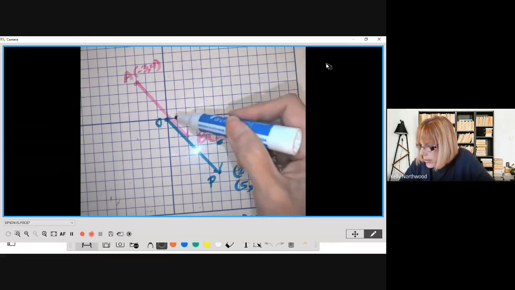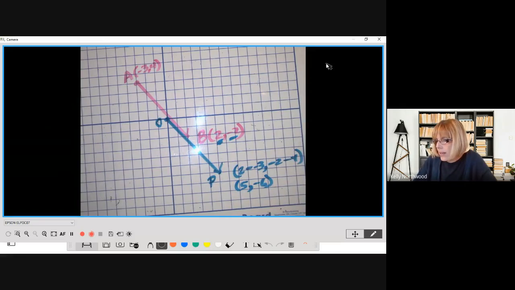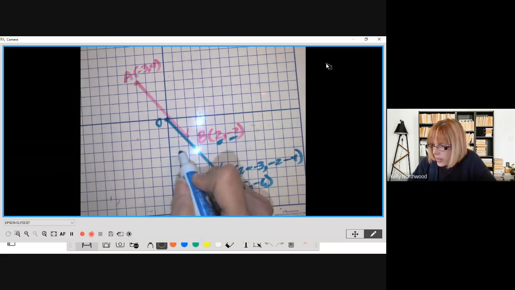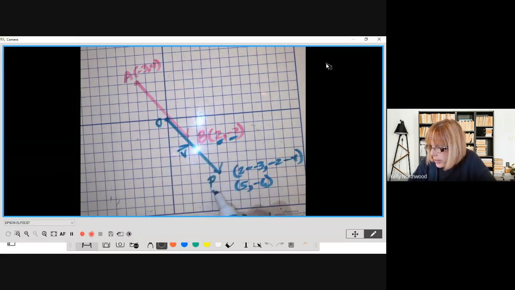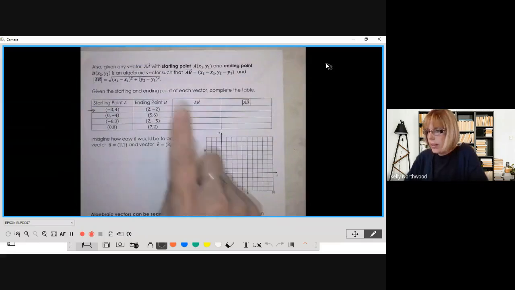And this point here is (5, -6). Then since the vector starts at (0, 0), this vector, if I wanted to call it little v, would be vector ⟨5, -6⟩. So that's what this is saying, and it probably looks more complicated here.